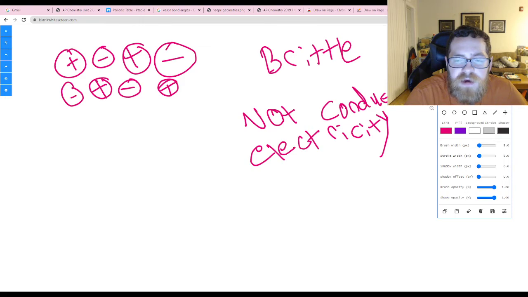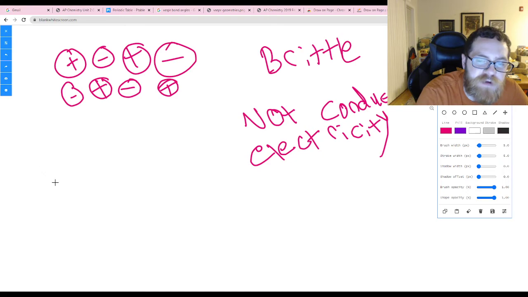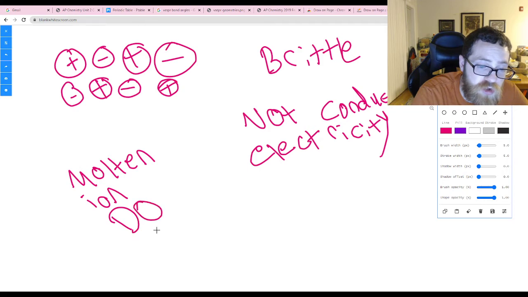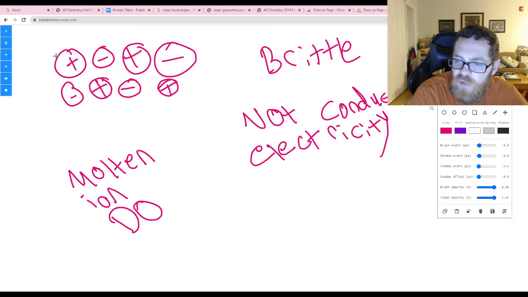If you take a large chunk of salt and you jam it into an outlet, you're not going to shock yourself. However, molten ionic compounds do conduct electricity. A molten ionic compound would be when you melt this into a liquid form.